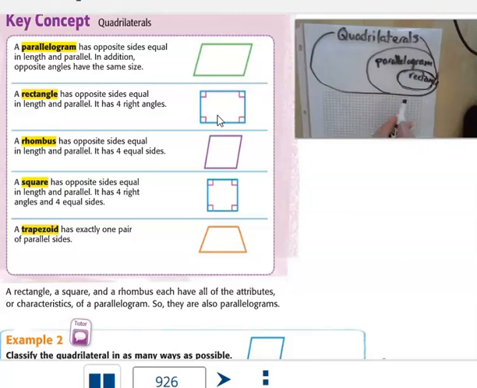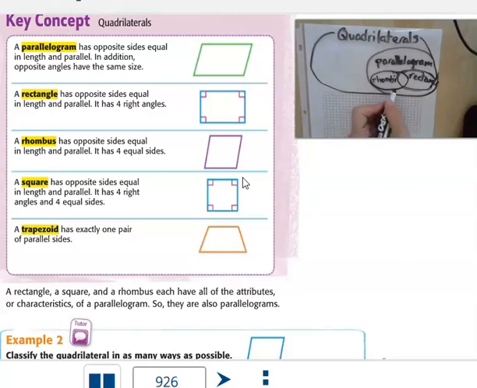Now, also in this are a rhombus. A rhombus has opposite sides equal in length and parallel. It has 4 equal sides. So within the parallelogram subset, you will have a rhombus, or rhombi is the plural. And you have this nifty little section here.